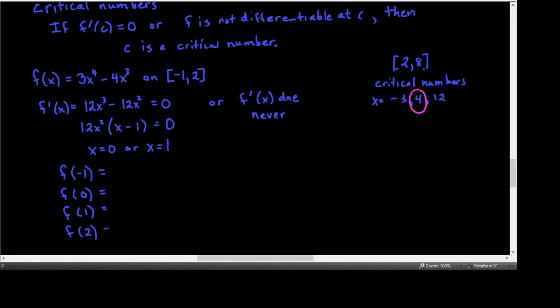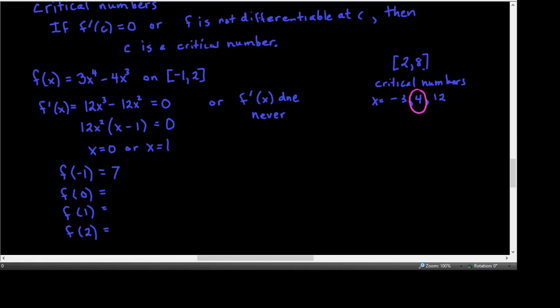What's the y value for each one of those? So 3 times negative 1 to the 4th minus 4 times negative 1 cubed is 3 plus 4, which is 7. Okay, you go ahead and do all of them. But pause what I've got going, and you find all the rest of them if you would, please.